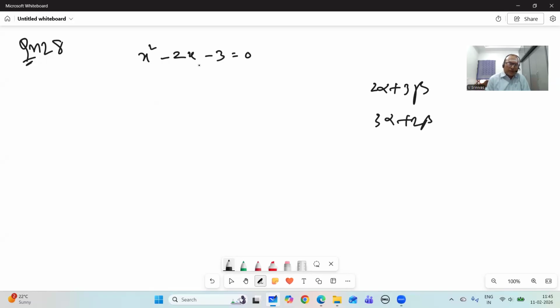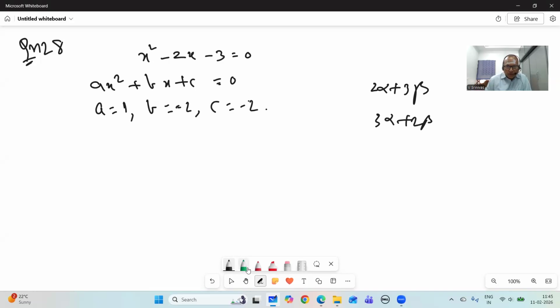Let us factorize this quadratic polynomial. We'll compare this with the standard polynomial ax square plus bx plus c equal to 0. We get a equal to 1, the coefficient of x square. The coefficient of x is b, that is minus 2. And c is the constant, so it is minus 3.